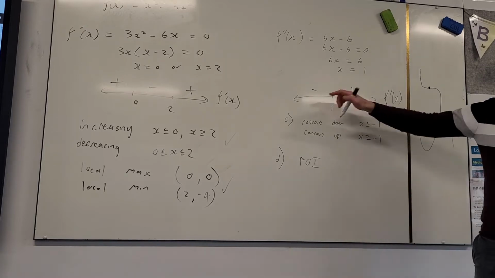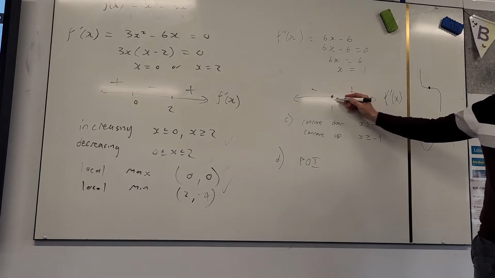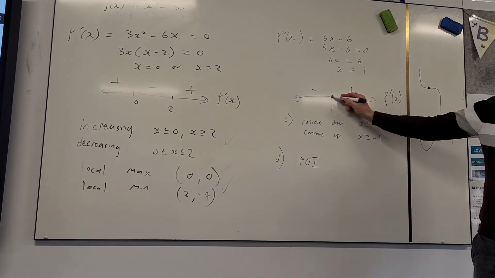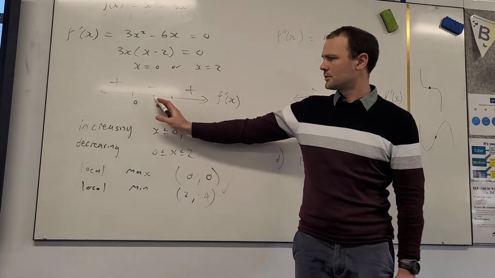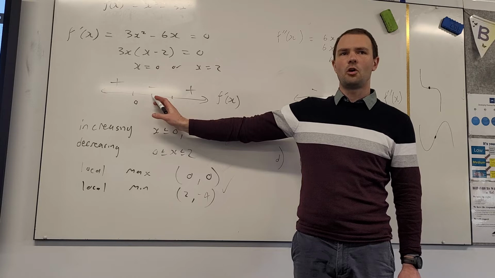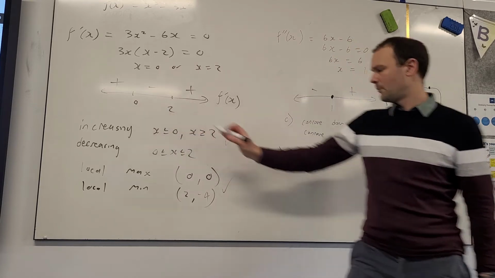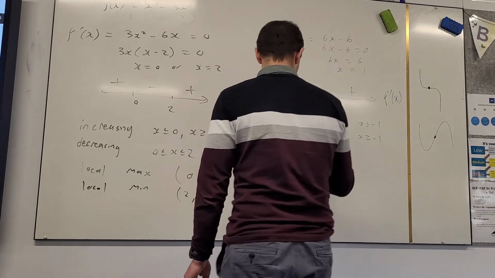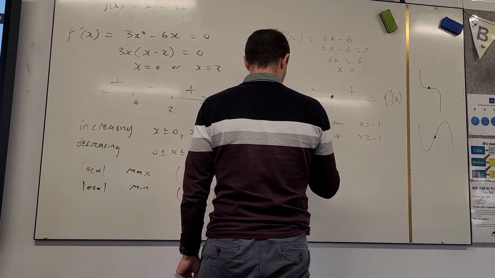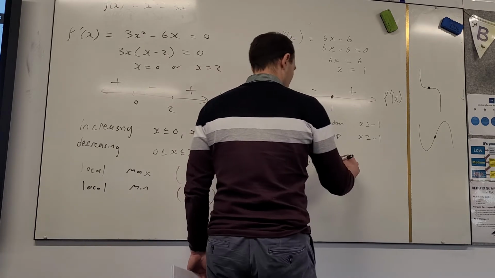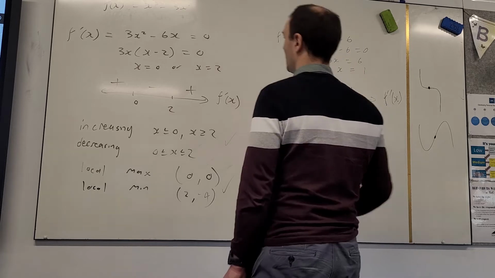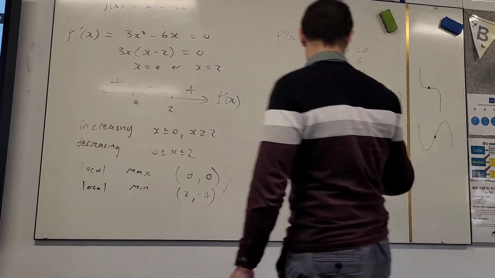Now here, to check if it's a special case, this root on the second derivative will also occur on the first derivative. 1 is not a root here, therefore we have non-stationary, we have a standard point of inflection. X is 1, and when x is 1, y will be minus 2.